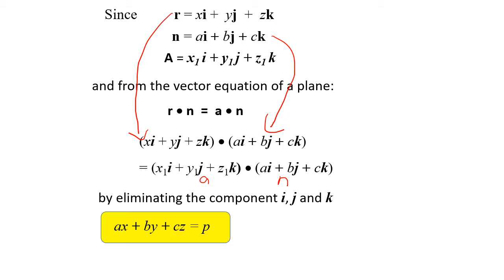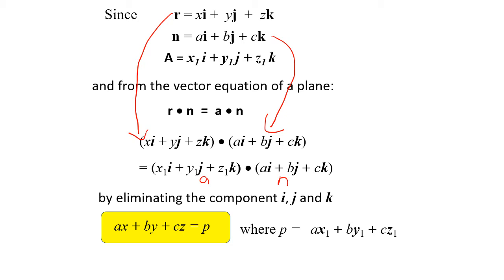Remember the previous slide, we already mentioned what p is, right? So p is actually ax1 plus by1 plus cz1. We put them together as p, because all of these are constants. So straight away it is ax plus by plus cz equals p.